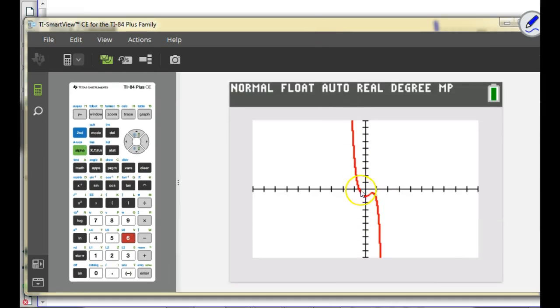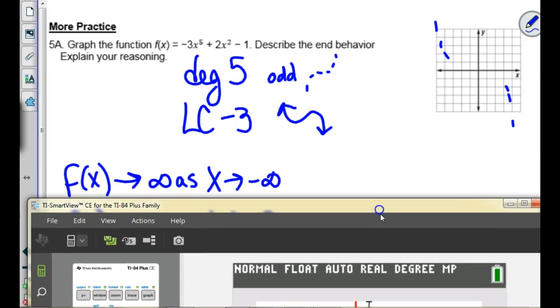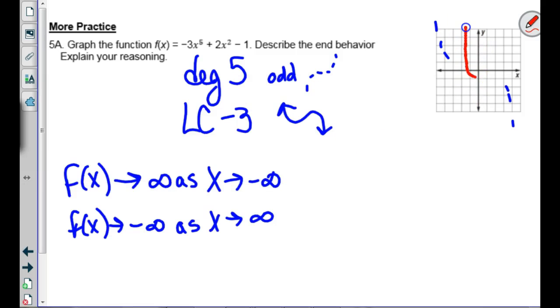Apparently it only has 1 zero. Okay. It does have a little dip over here. I'm not going to take time to graph this very accurately. So it has a little max over here somewhere, right? Anyway, it only asked about end behavior, so that's what I'm going to stick with.